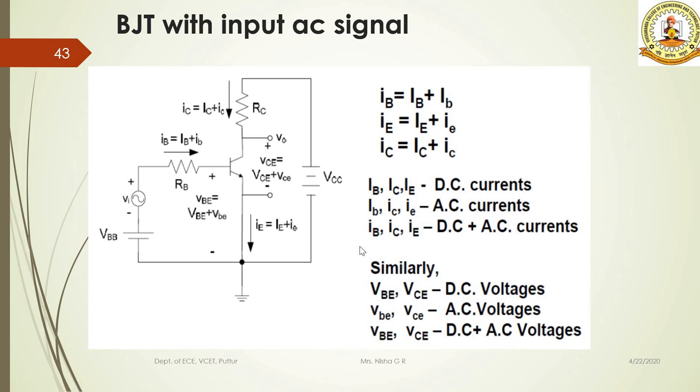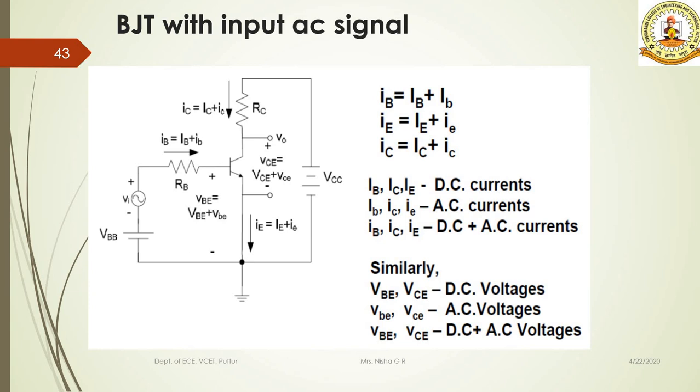Similarly for the voltages, capital letter VBE and VCE are the DC voltages, and small letter vbe and vce are the AC voltages, and small letter v with capital letter subscripts is nothing but DC plus AC voltages.